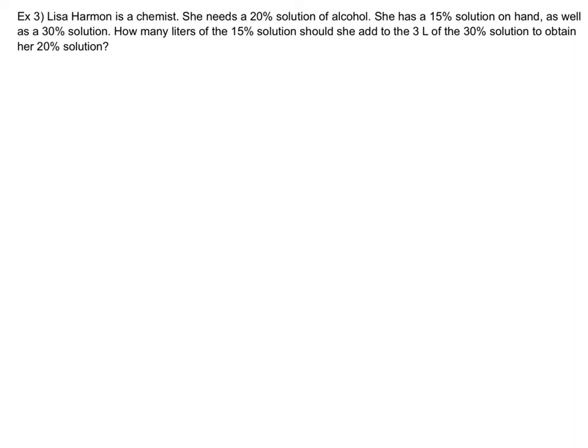When you make your table, you have 3 columns here. You have your strength, which is your percentage. Then you have the amount that you're looking at, your liters in this case, whatever it is that you have. And then, lastly, it's your amount of pure.